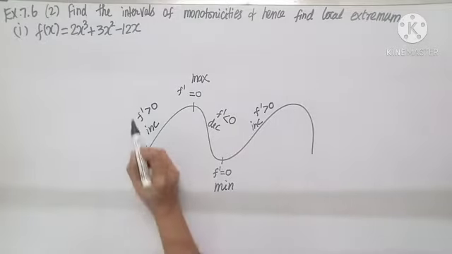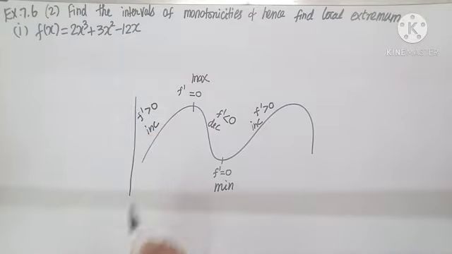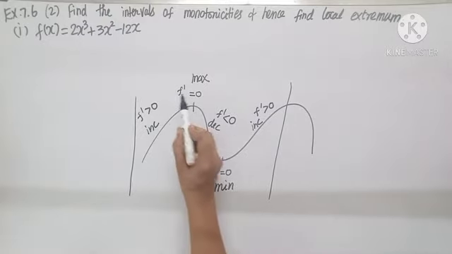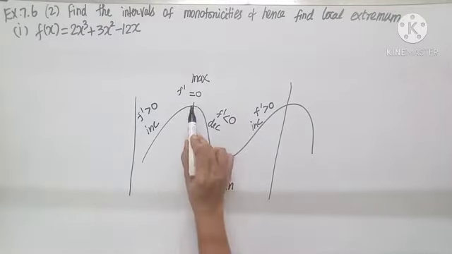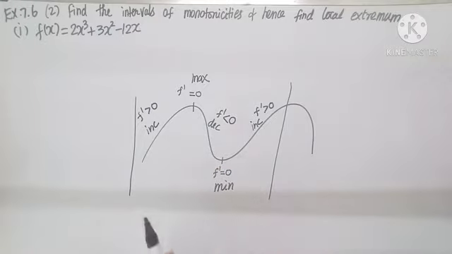Now you are given an interval like this. In the interval, check where f dash is becoming 0. Before the point, it may be either increasing or decreasing. After the point also, it may be either increasing or decreasing.